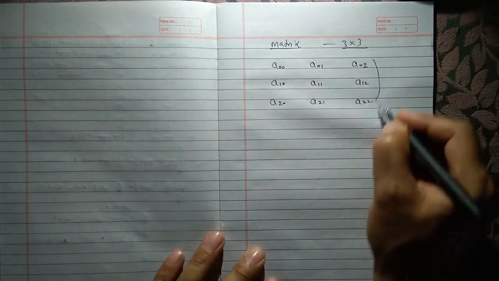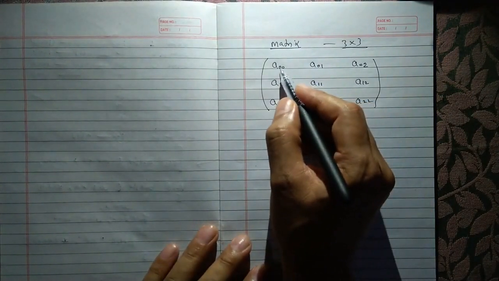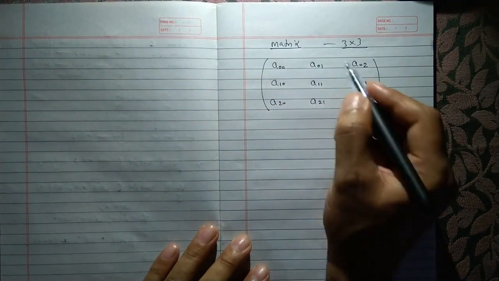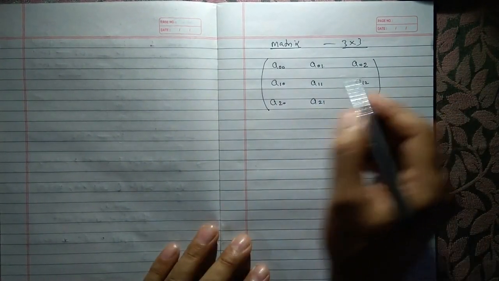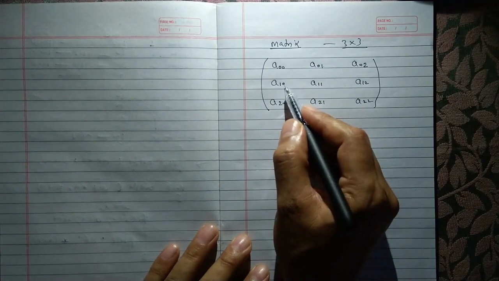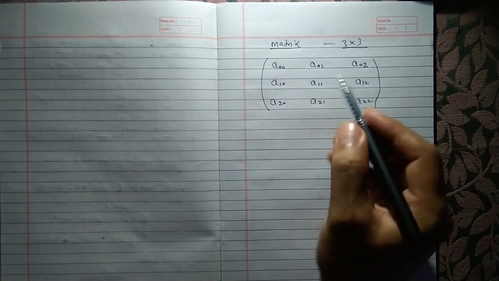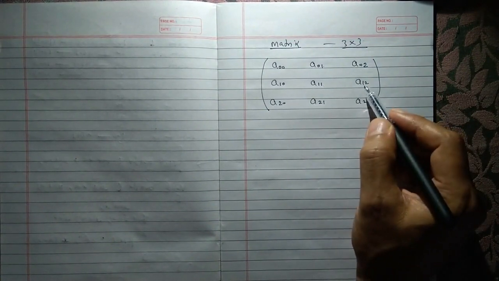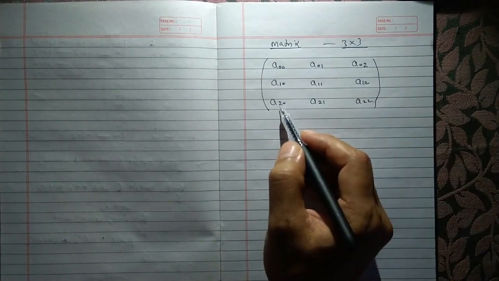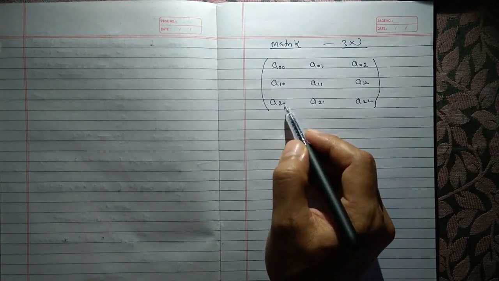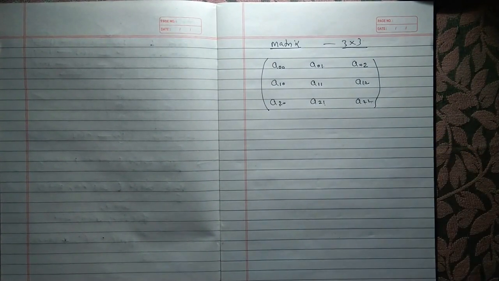Okay, this is your matrix. So this is the 0 row 0 column, 0 row first column, 0 row second column. This is the first row 0 column, first row first column, and this is first row second column. This is the second row 0 column, this is the second row first column, and this is the second row second column. So this is the matrix.